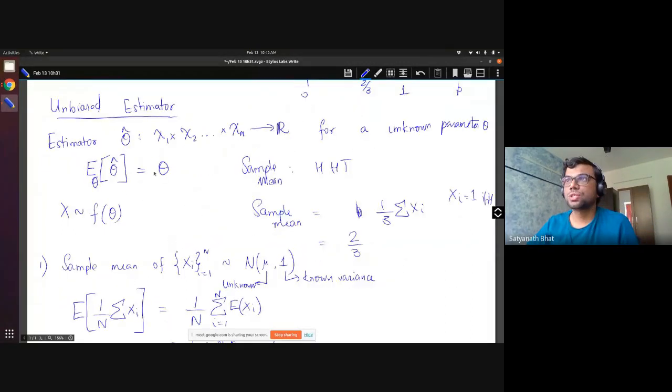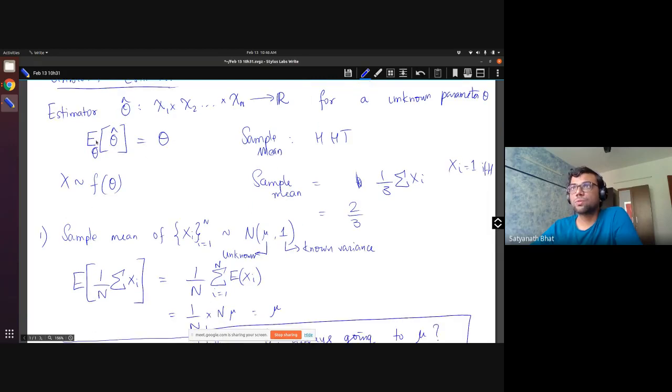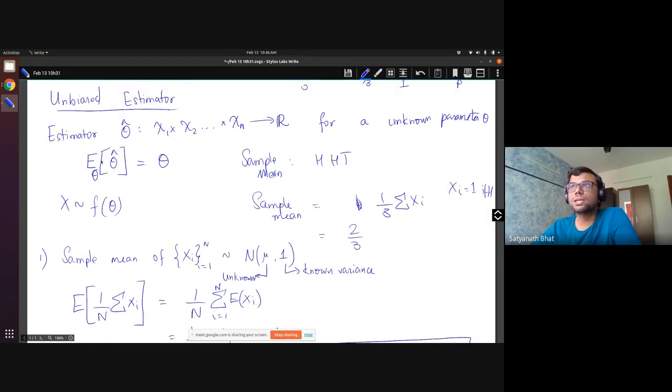So this is the meaning of unbiased estimator, an important thing for you to understand. When you learn machine learning even more, you will have something called bias variance trade-off, and we will also do some bias variance trade-off today. So this is the first important thing, called an unbiased estimator.